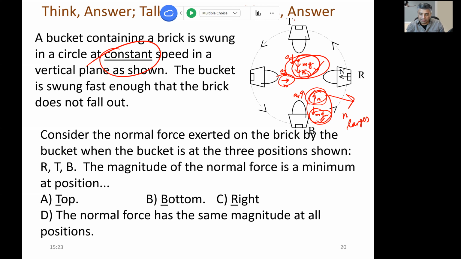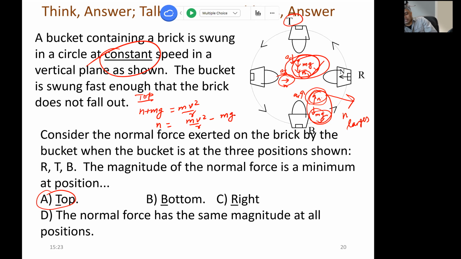And that being the top, it looks like A is the correct answer in this case. But don't take my word for it, just write down the equation. So for example, at the top, sum of forces, two forces, N plus mg, is mv squared over r, meaning N is mv squared over r minus mg.